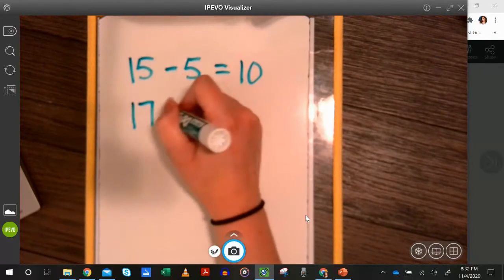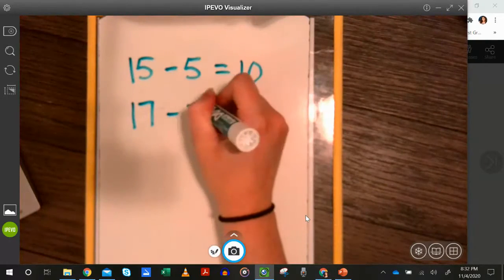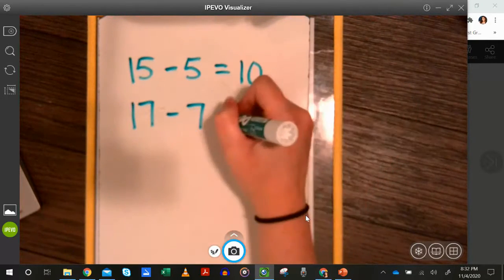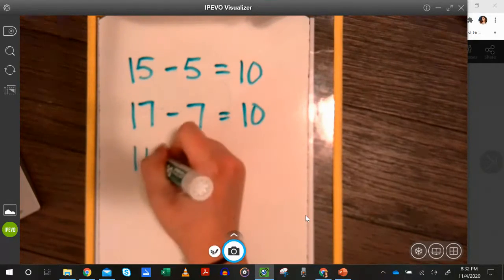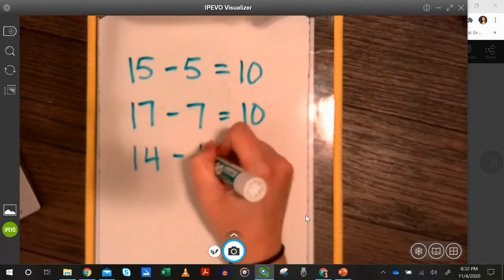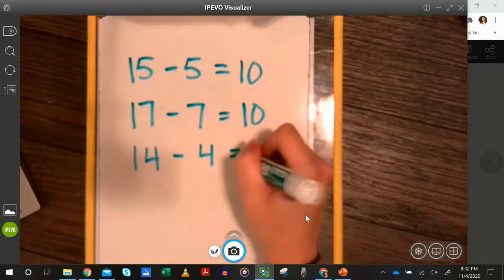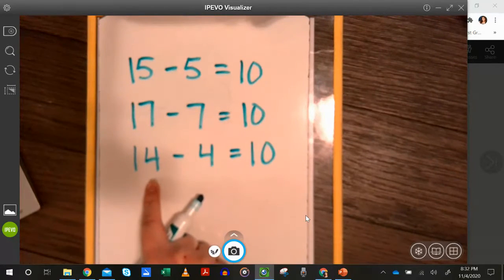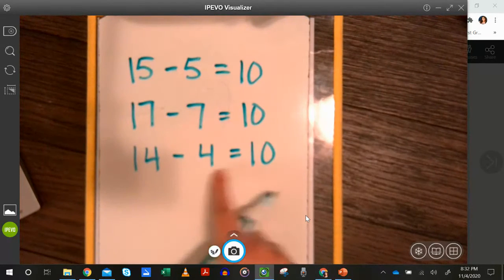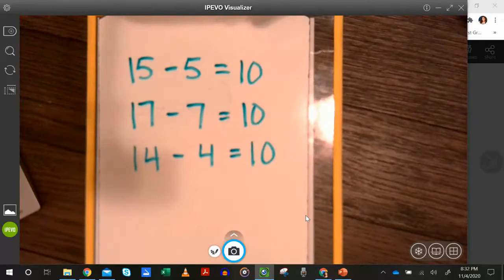So looking at the 17 we did, if I subtract 7, that's going to equal 10 as well. And the first one we looked at was 14. If I subtract 4, it's also going to leave me with a group of 10. A group of 10 and 4 more, but if I take away the 4, I'm left with just a group of 10. So all of those numbers work the same way.